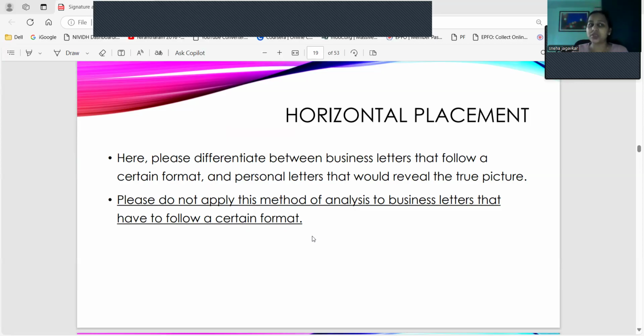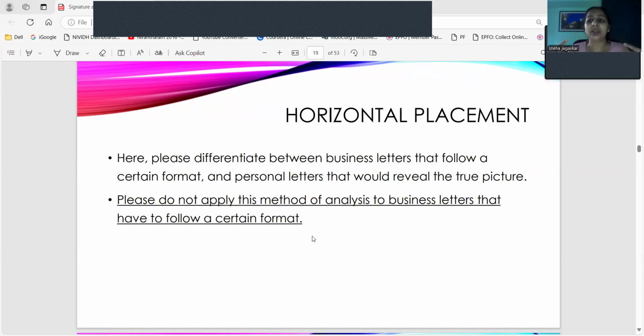Being a graphologist or a handwriting analyst or a signature analyst, we need to understand that over a period of time, after we analyze a certain amount of signatures or handwritings of people, we need to understand what to convey to the client and how to convey it to the client. Now, the what and how is something that we get to know.